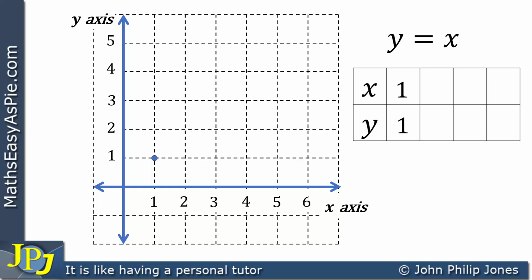The next thing we can do is to choose another value for x, and you can see that floating into position where x is 2. Now we need to ask, well, what's the value of y when x is 2? Well, clearly it's going to be 2 because we can see y equals x. So that floats into position.